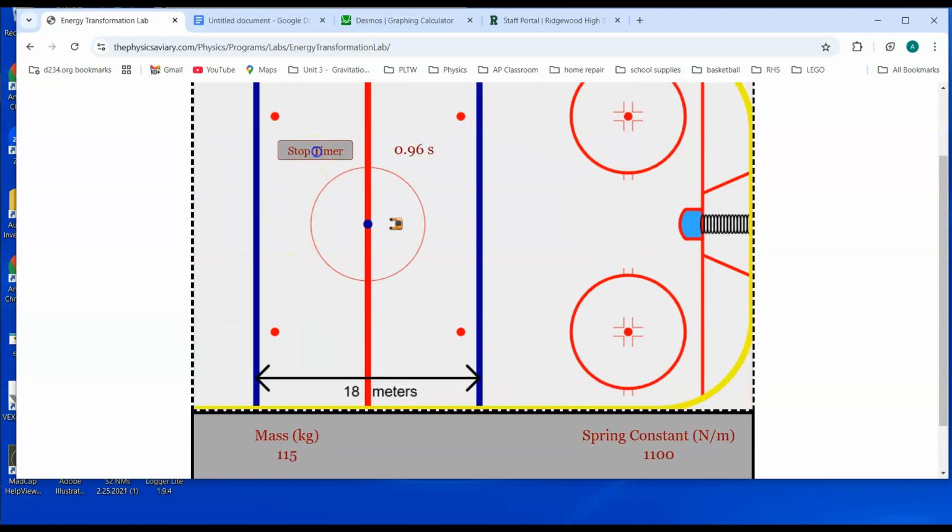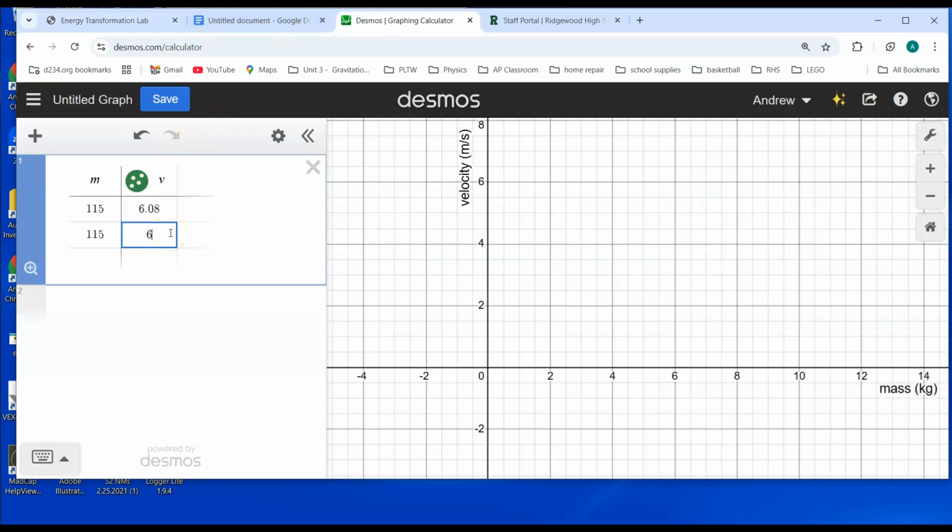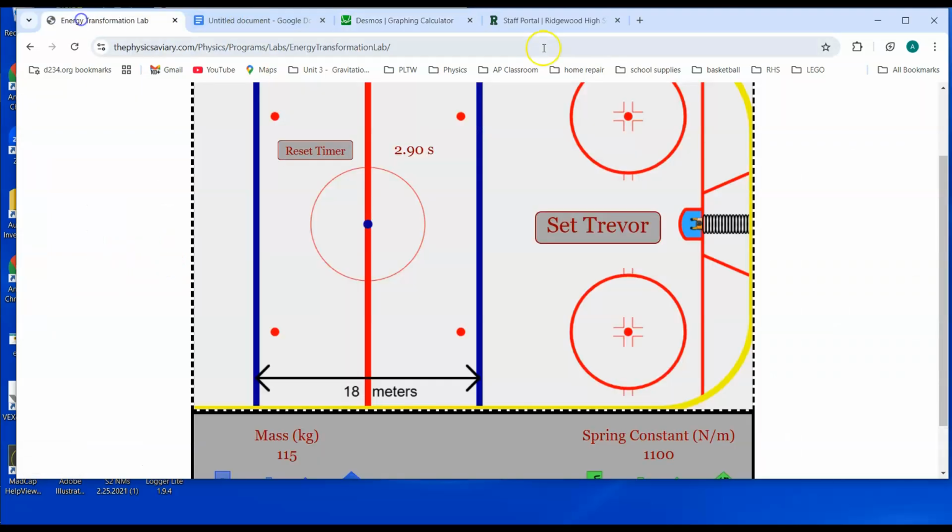And start. Stop. I got 2.9 seconds. 18 meters divided by 2.9 seconds. I got 6.21 meters per second this time. So let's do 3 trials for each.